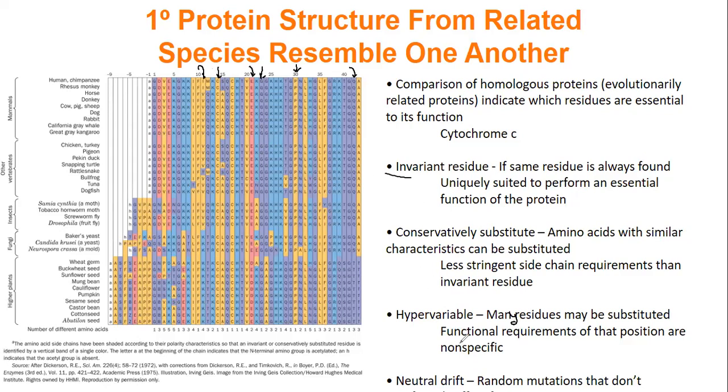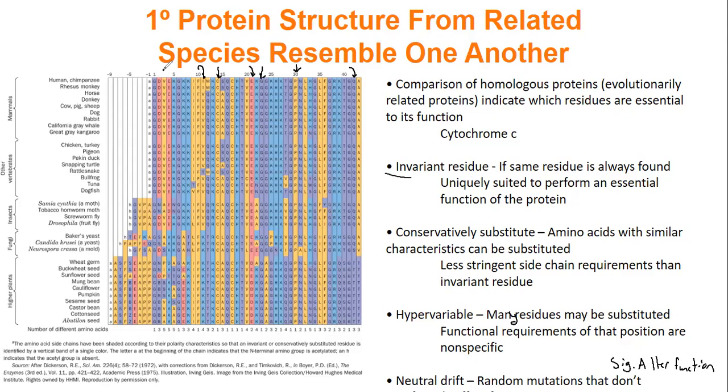And this would be an example of neutral drift, random mutations that don't significantly alter function. These are just mutations that have happened over the millennia for this protein, but it seems that the protein still works.